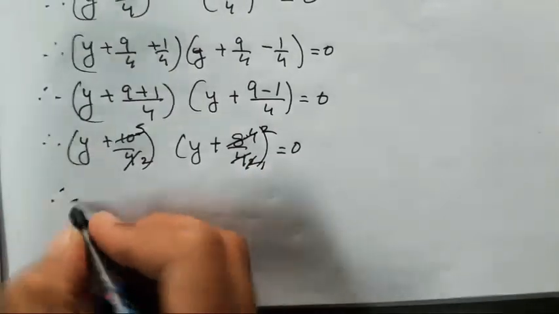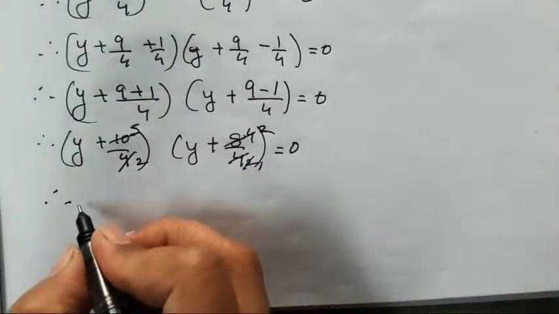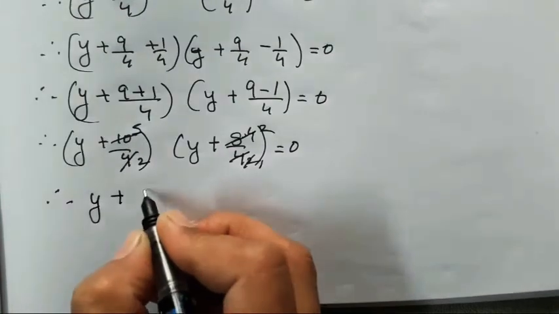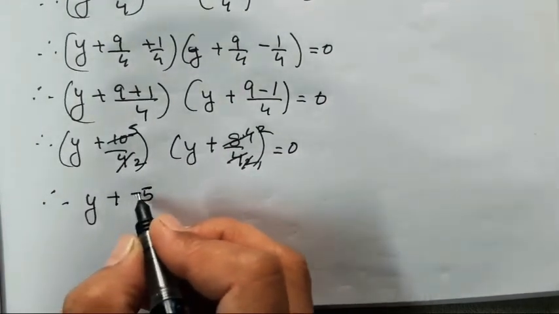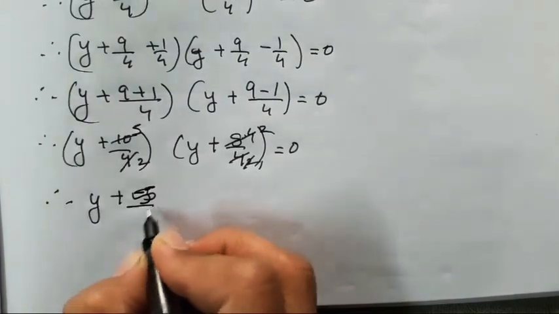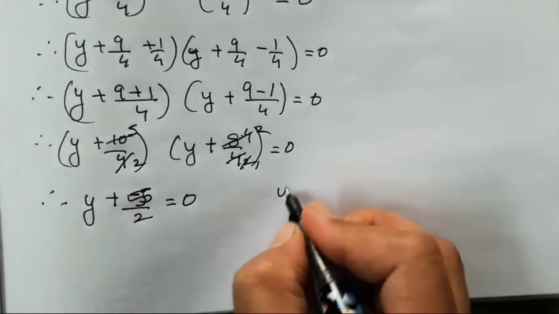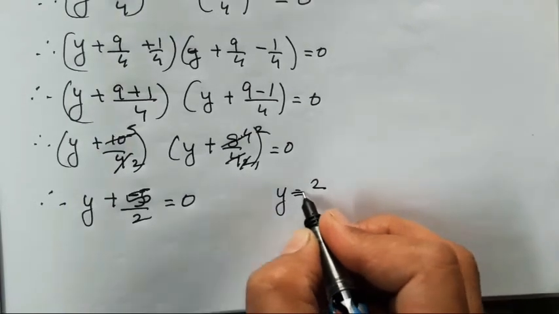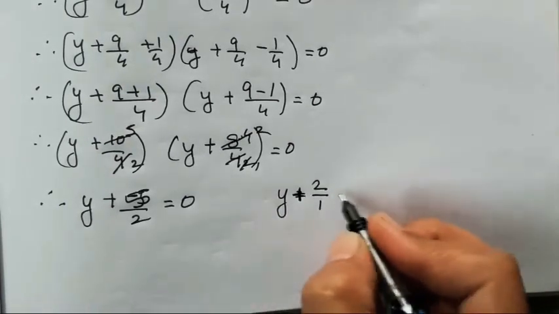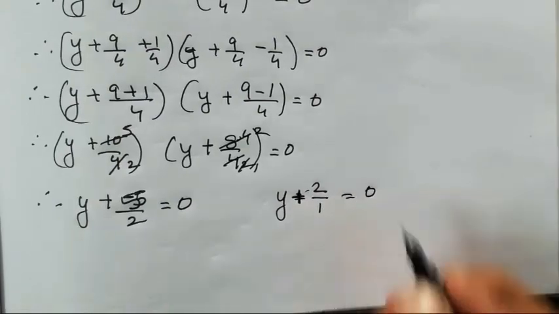Okay, so y plus 5 upon 2 is equal to 0, and y plus 1 upon 2 upon 1 is equal to 0.